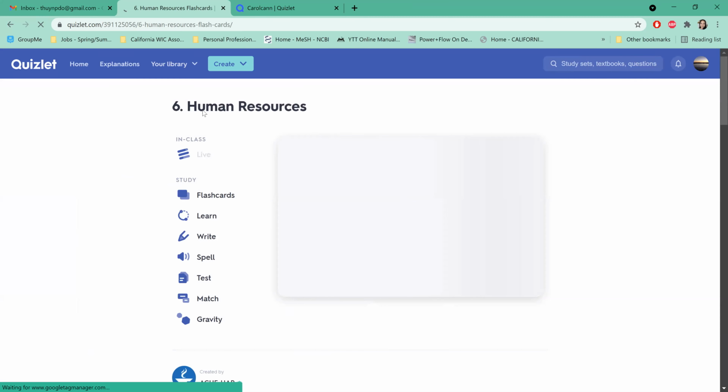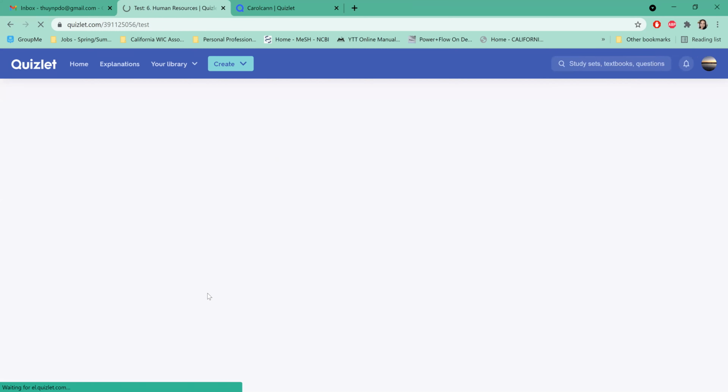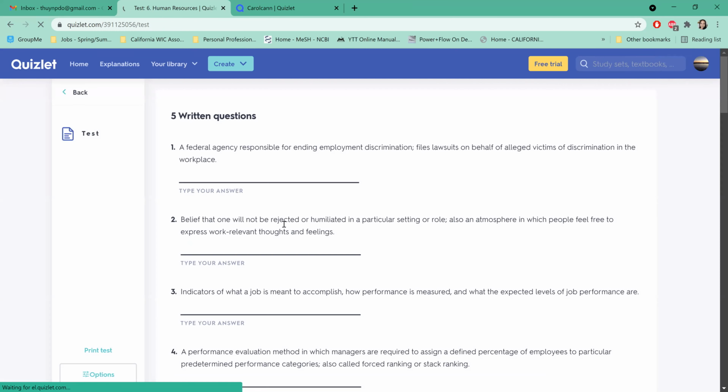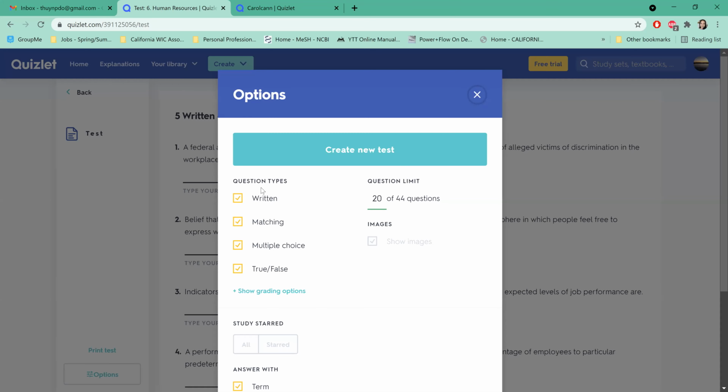And on here, there's a set of icons that show the study methods. I go to test here. You're welcome to explore and navigate which one works best for your study strategy. And this has already been preset to the, oh, it looks like this one is not preset. And so this is a great opportunity to show the options.